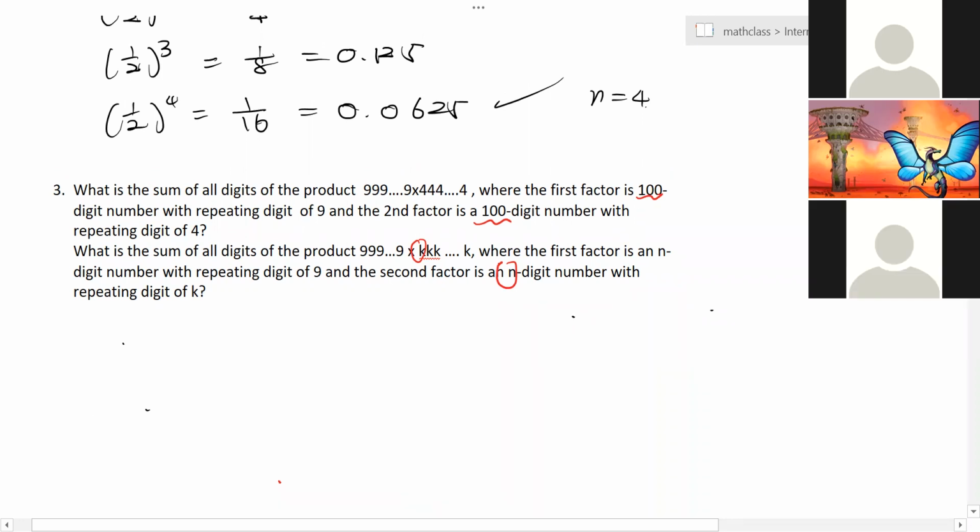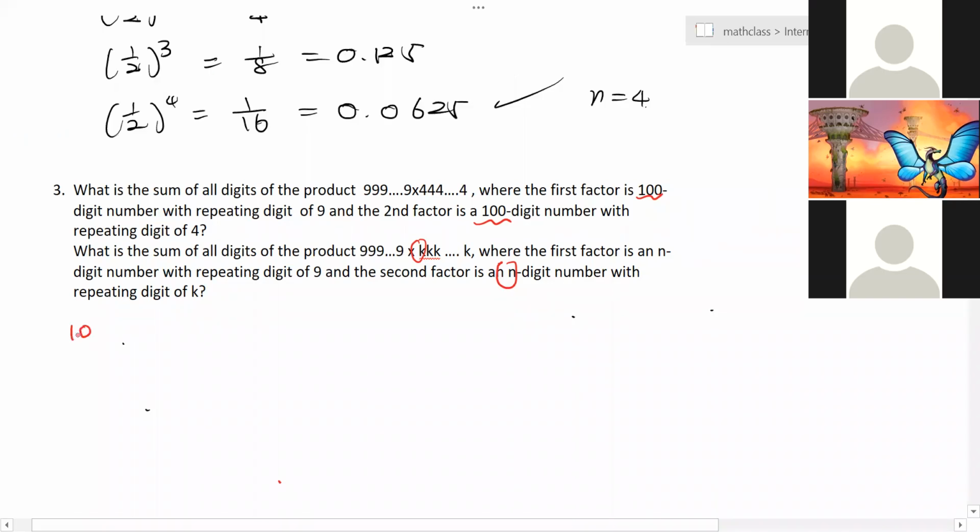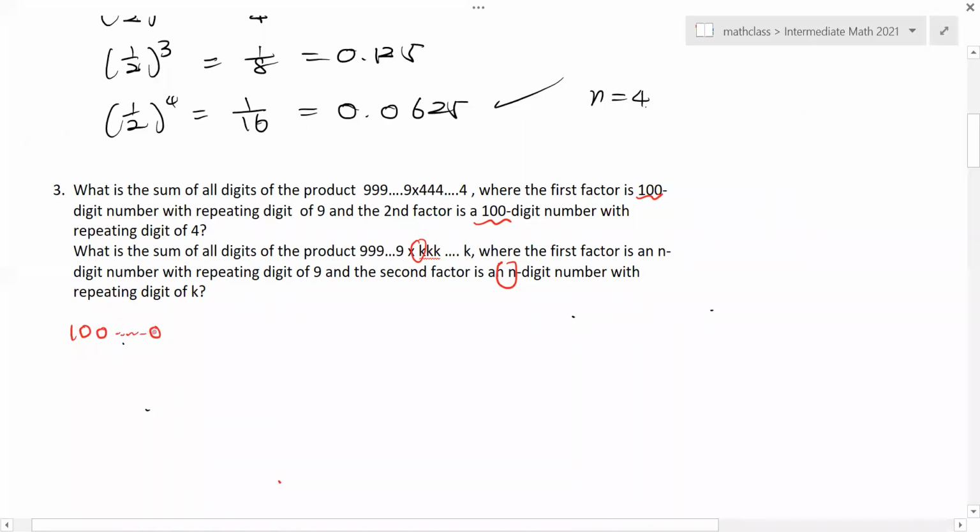All right, so we have 999. You can express it in this form, and times 4, 4, 4, 4.